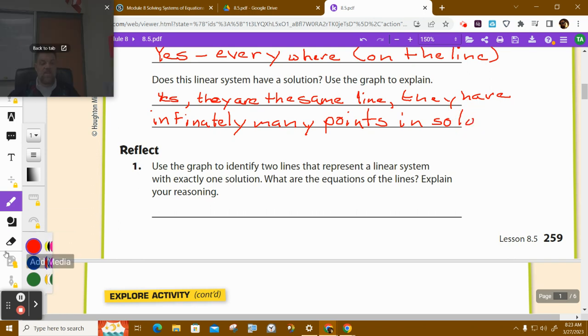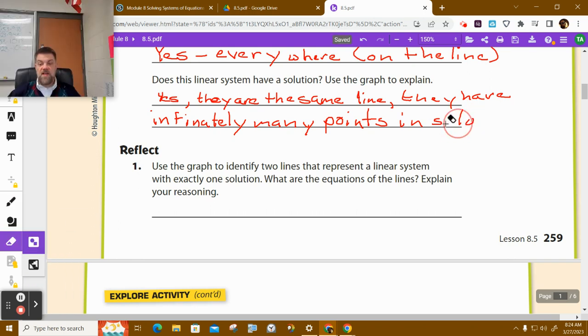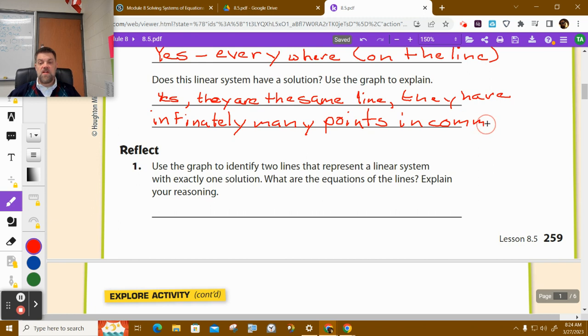I always misspell infinitely. I said points in solution, that's not what I want to say. Points in common. And any of those points are a solution. So I'm going to put right down here solutions. If I find a point that they have in common, that is a solution to the system.